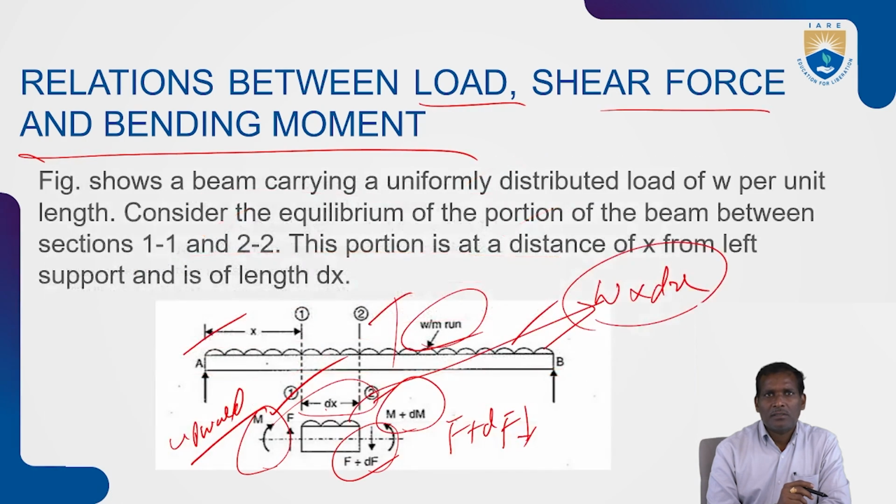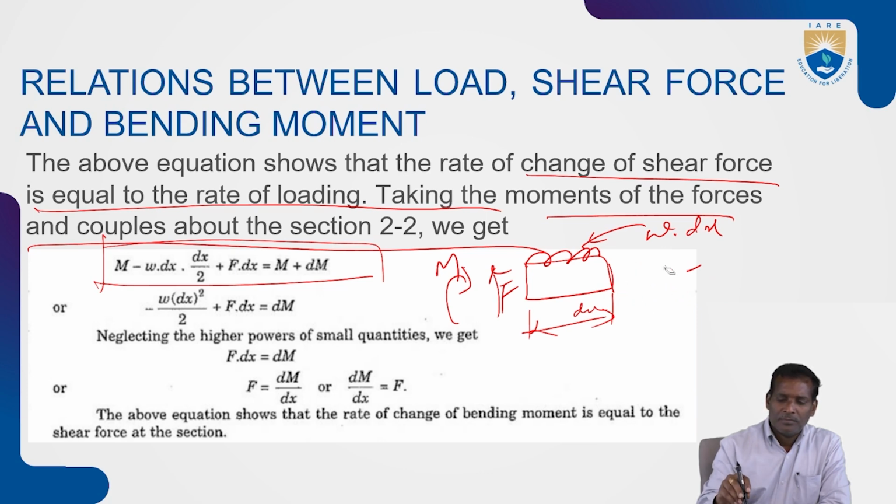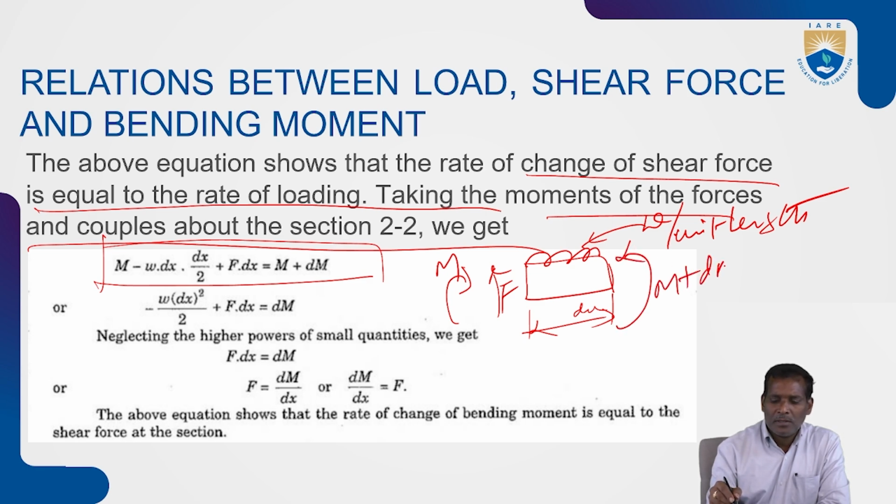So we can see here in the diagram the moments in the clockwise and anti-clockwise directions, M plus dM, clockwise M and anti-clockwise, so W for unit length, M plus dM. Clear? And downward F plus dF.